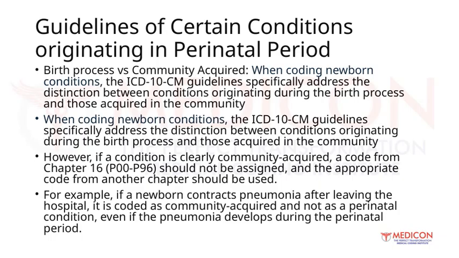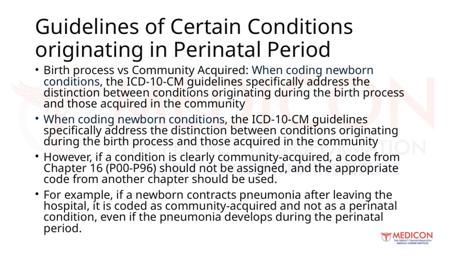Now, let's look at the guidelines for coding conditions that originate during the perinatal period. When we're working with newborn conditions, it's really important to distinguish between those that happen during the birth process and those that are acquired from the community after birth. The ICD-10-CM guidelines give us clear instructions on how to handle this distinction.